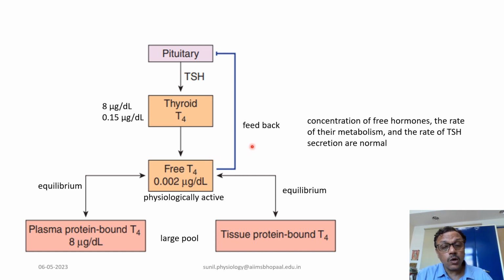But one thing to understand here is that the concentration of the free hormone, the rate of their metabolism and the rate of TSH secretion are absolutely normal. The opposite happens if the plasma protein decreases. The free T4 increases and inhibits the production of thyroid hormone, and once again a new equilibrium is maintained.